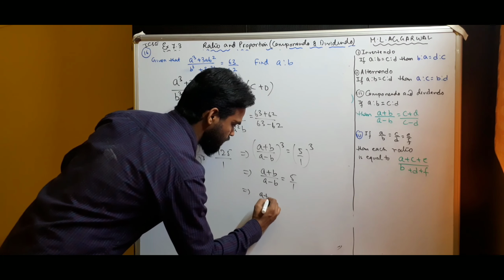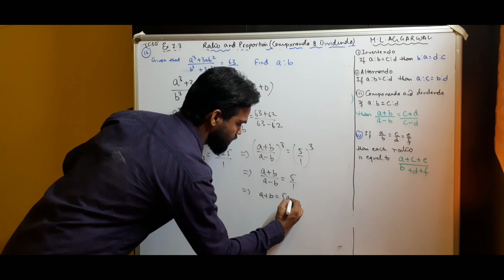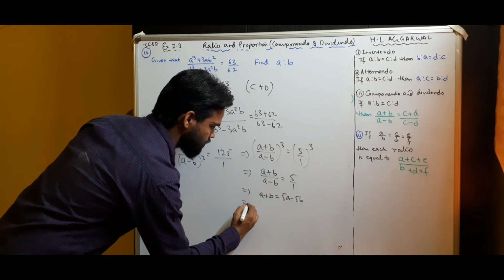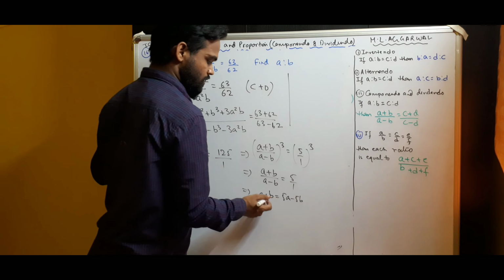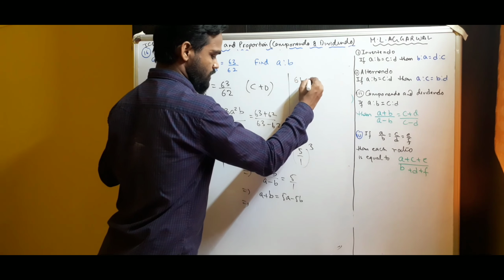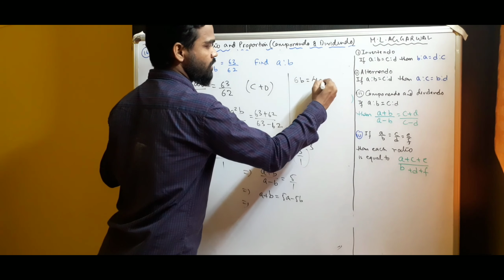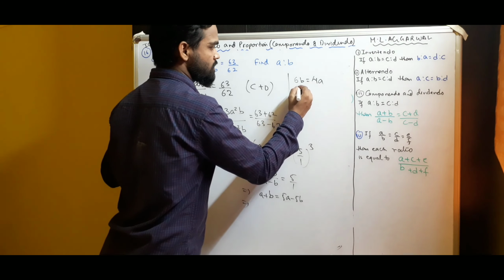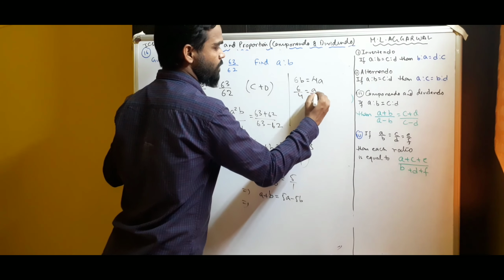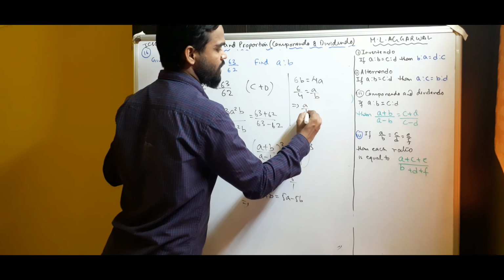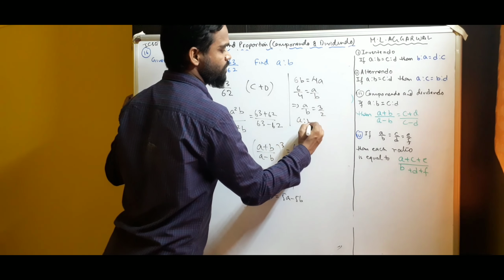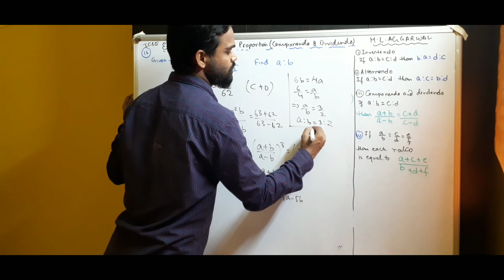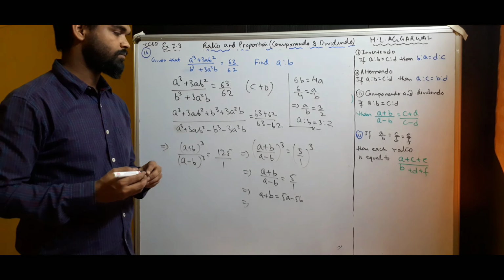So this is a plus b equals 5a minus 5b, which if you simplify, this is 6b equals 4a. That is 6 by 4 equals a by b, which means a by b is nothing but 3 by 2, which means a is to b is 3 is to 2. And that's my answer.